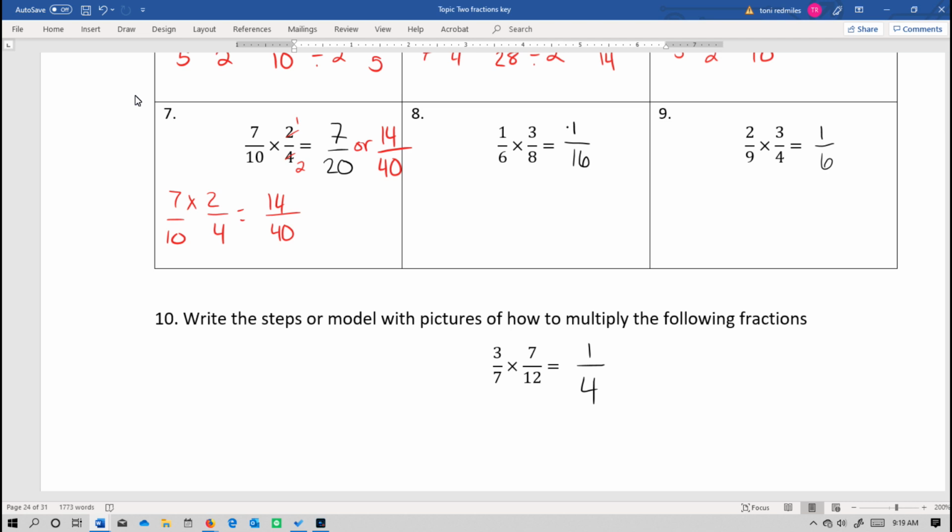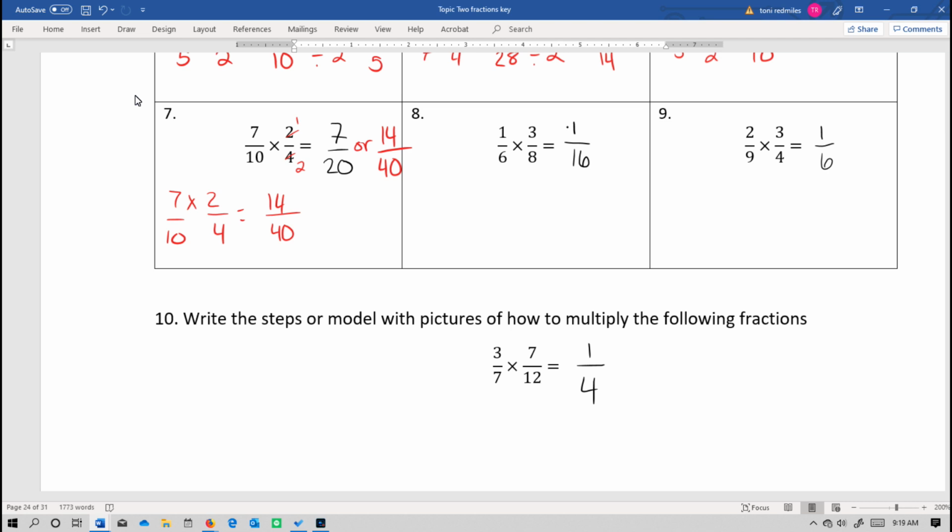Get the skill of cross-canceling down really well if that's the method you want to use to reduce. And we will keep revisiting cross-canceling. We're going to visit it again when we start talking about multiples and factors. So that is not something you necessarily have to worry too much about. We're getting there, okay? I just like to introduce it around division, okay? All right.